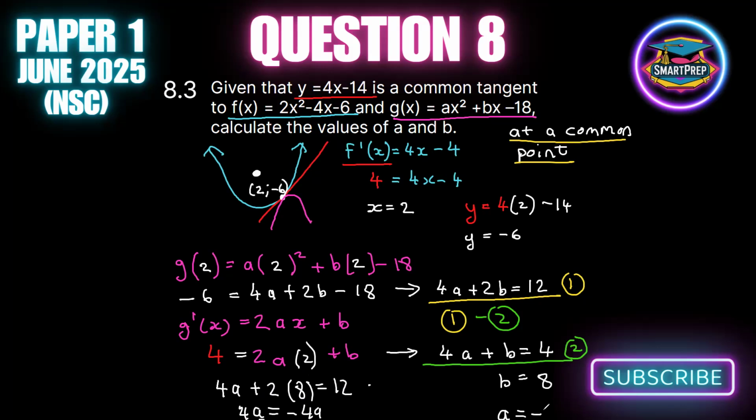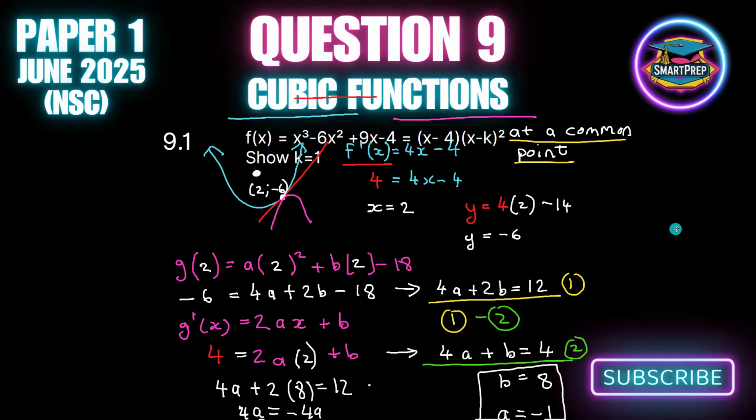A is equal to negative 1. So there is my answer. All right, tricky question. Okay, it's running out of space at the bottom. Okay, so let's see what's coming up. Okay, it was a tricky one.